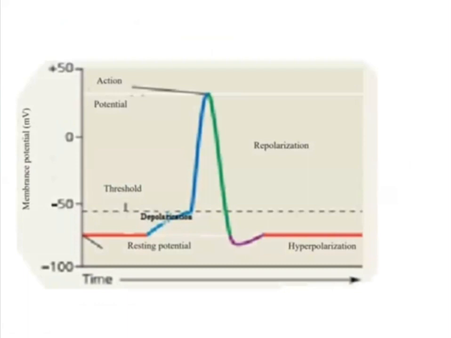Then we will see, here you can see the membrane potential change based on time, right? This is the membrane potential, this is the time. The resting membrane potential is minus 60 millivolts, right? When some stimulation occurs, depolarization occurs and reaches the maximum action potential, then repolarization occurs, then finally hyperpolarization.